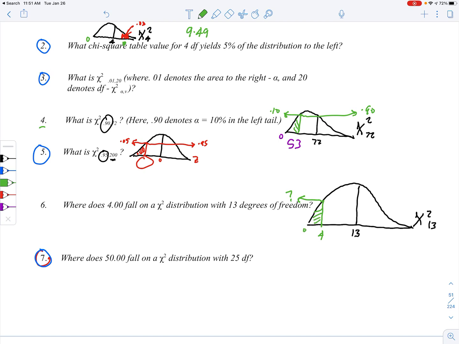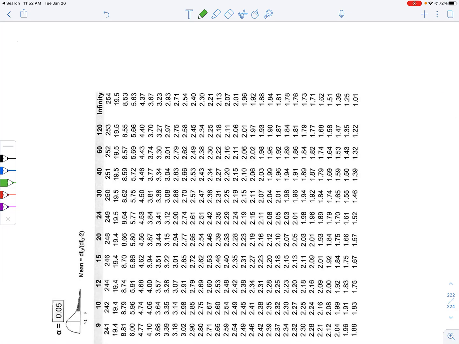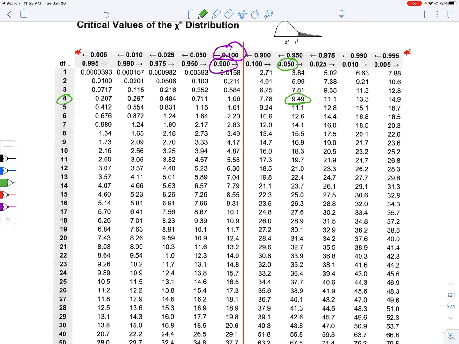Okay, so let's go and take a look at this. We'll go back to page 220. Oops, I said 222. There we go. 221. And so we're going to go to 13 degrees of freedom right here, and we're going to look across here until we find 4. And you can see that 4 falls right here, which is between 0.5% and 1% to the left.